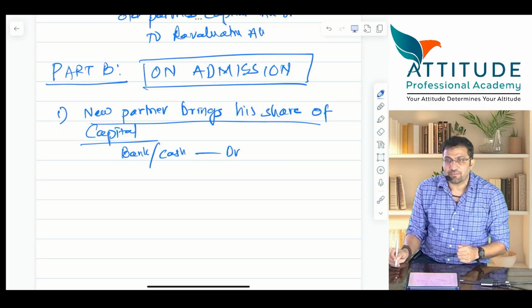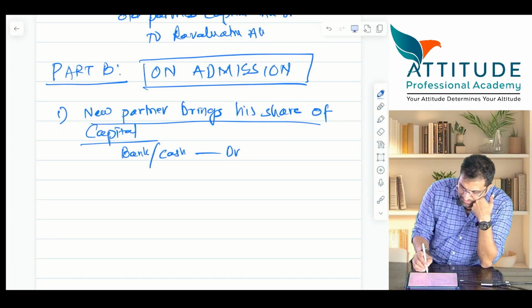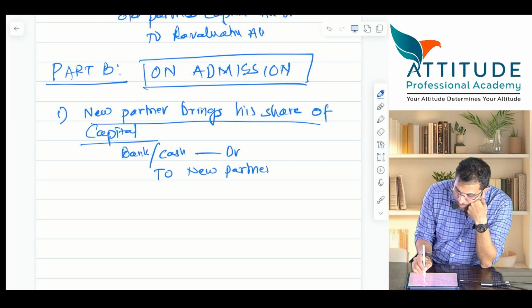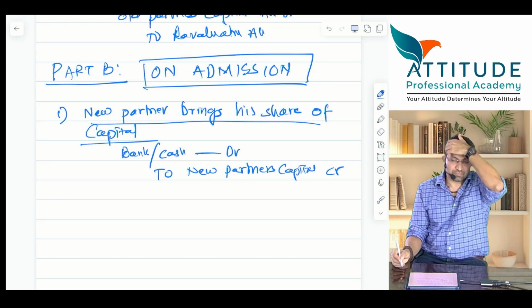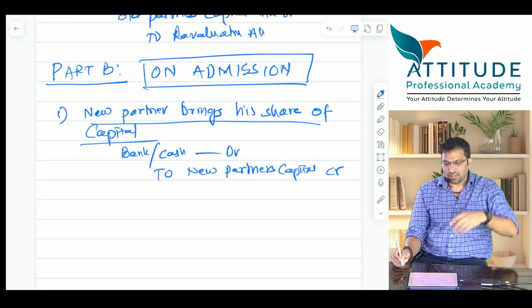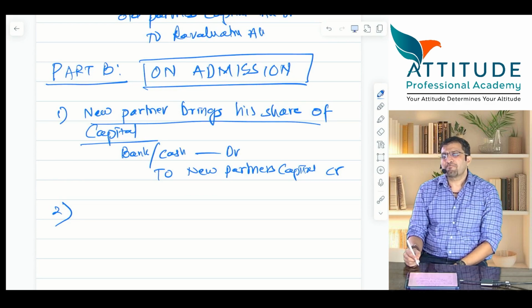See, for the partnership firm, the cash or bank balance is increasing. Second, new partner's capital credit. Any difficulty? Okay.